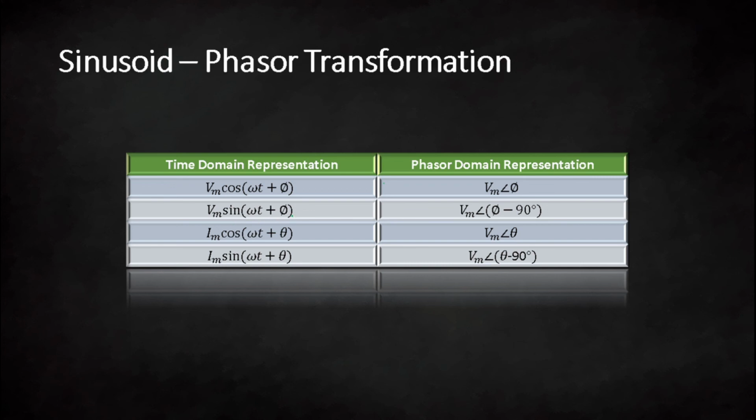In that case, you will be dealing with the imaginary part of e raised to j omega t, or you can simply convert the sine term into cosine using trigonometric identities, and you get Vm at an angle phi minus 90. In the same way you can find it for current also, Im cos(omega t plus theta) and Im sin(omega t plus theta).